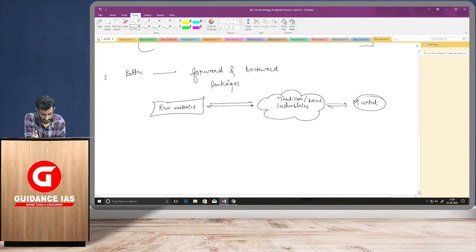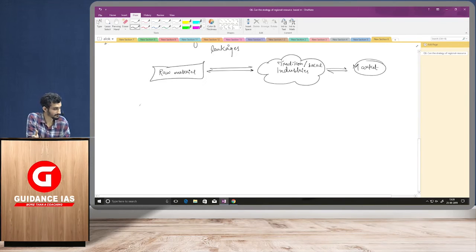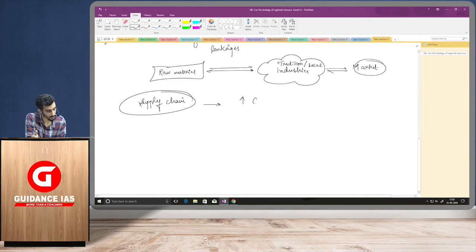And therefore it will improve the supply chain and will create more employment due to increase in competitiveness of the industries. So it will increase the competitiveness of the industries.